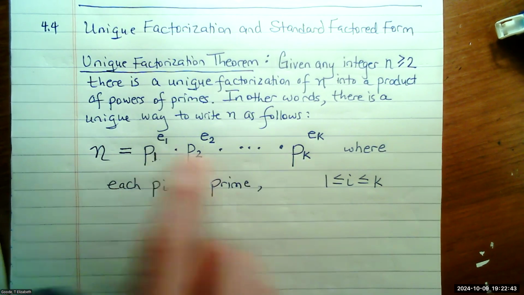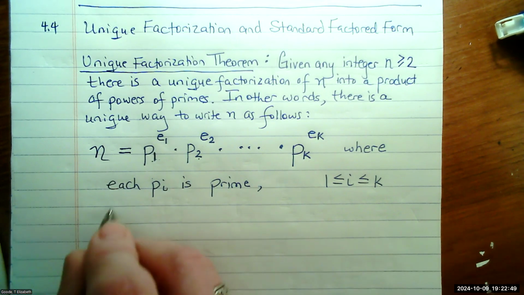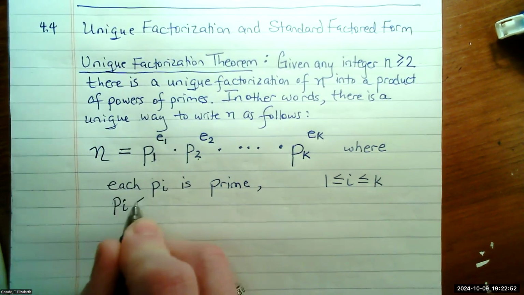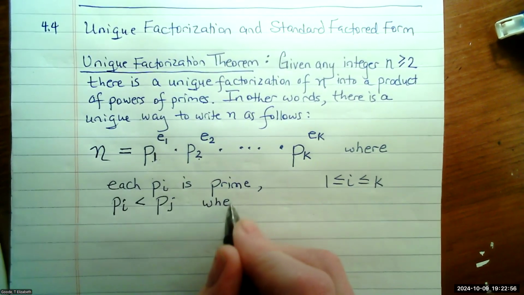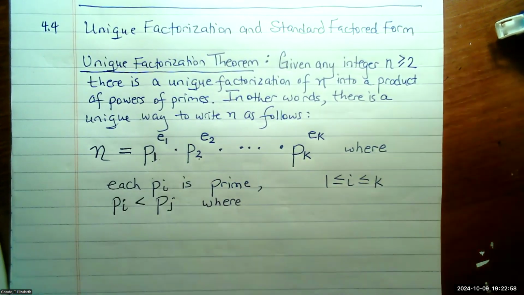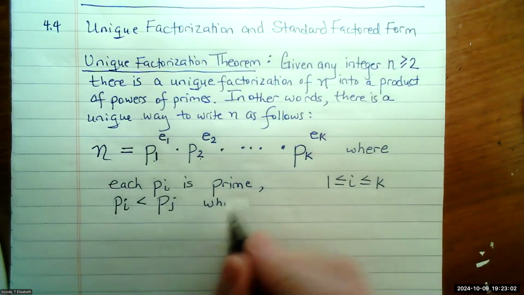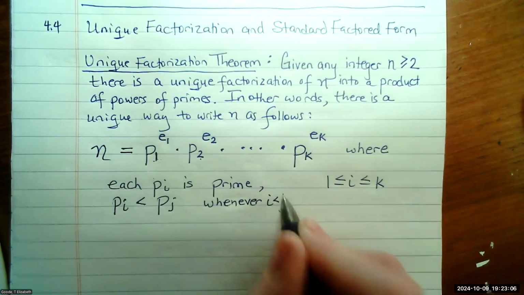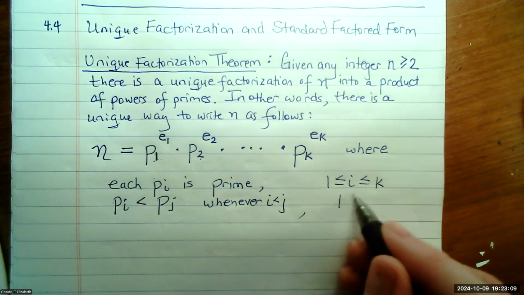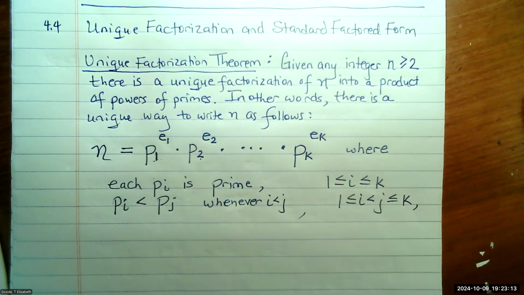Well, we use the indexing numbers to help us, because the indexing numbers are what give order to these factors. So we say p sub i is less than p sub j whenever i is less than j. I want this to be a whenever. Whenever i is less than j. And this is for 1 less than or equal to i, less than j, less than or equal to k.